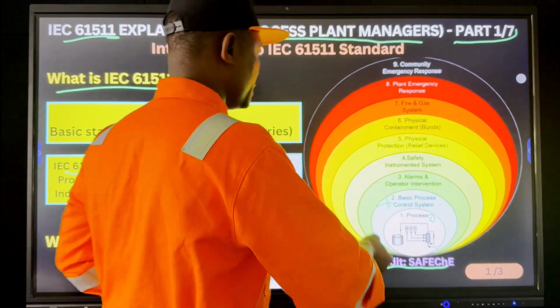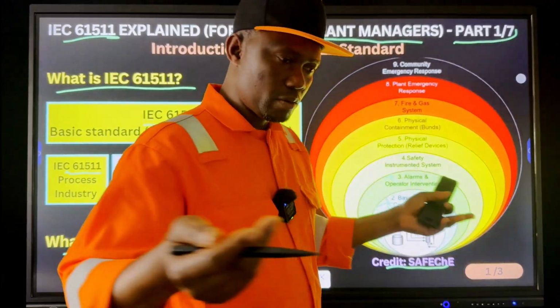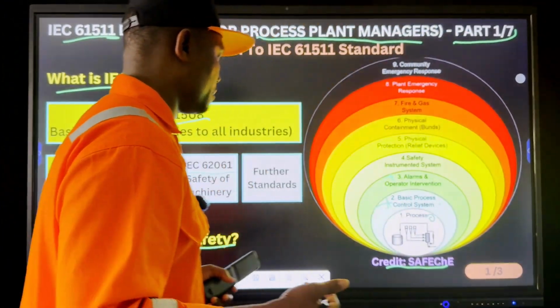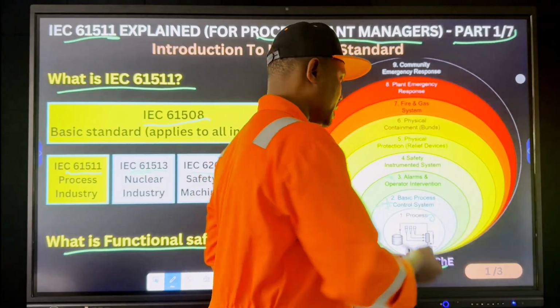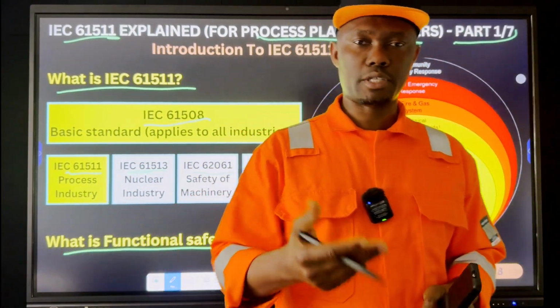The next layer will be the alarms and operator intervention. When there is a failure, maybe instrument failure or process deviation, maybe some parameters deviated from the design intent, the BPCS will populate an alarm on the DCS or on the HMI or the SCADA.